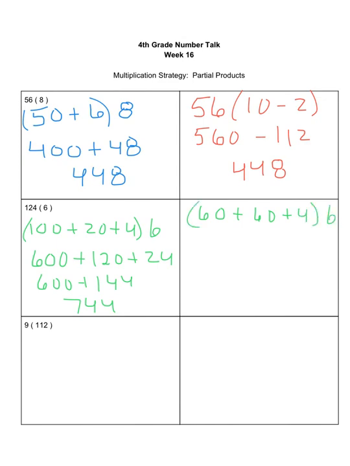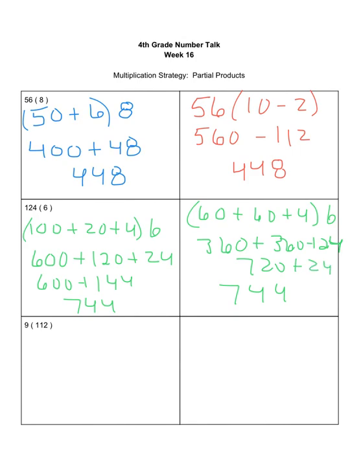Reason being is, what's 6 60s? 360. 6 4s is 24. Again, we still have our answer of 744 because this is 720 plus 24.